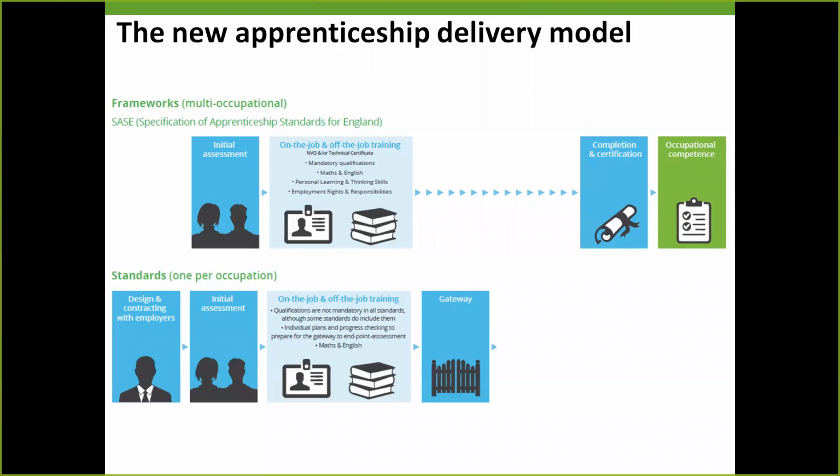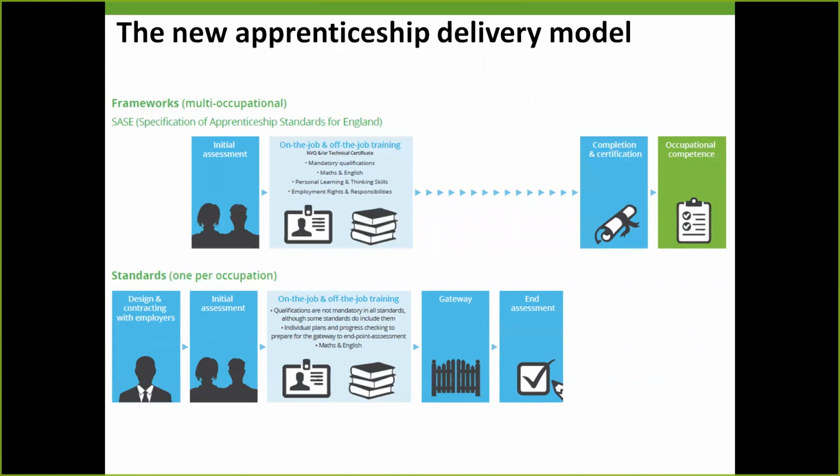The formal assessment of that doesn't come into play until they pass what's called a gateway, and then they are independently assessed. We will walk through the requirements of the endpoint assessment for customer service practitioner and specialist in a moment.